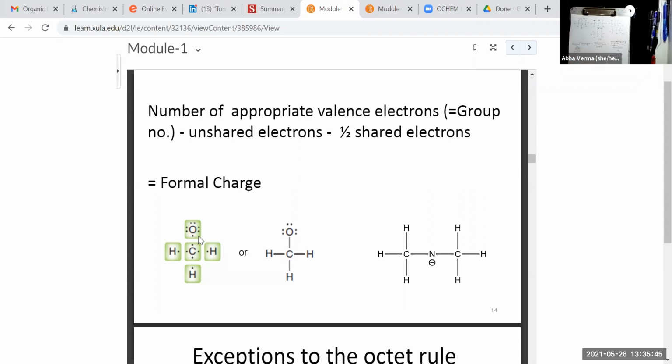So this is the structure that we have. In other words, or in other representation, as I would say, the oxygen has its 2 lone pairs also, and it has an extra lone pair on it. But how are we going to figure out what is the formal charge of oxygen?